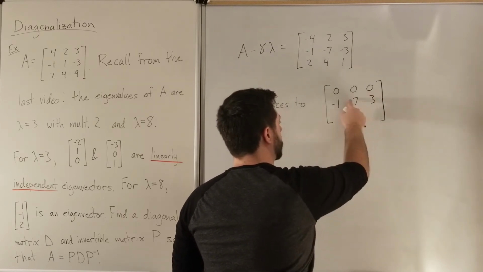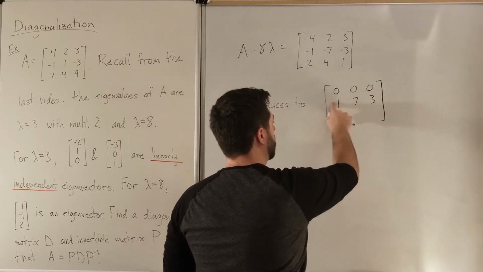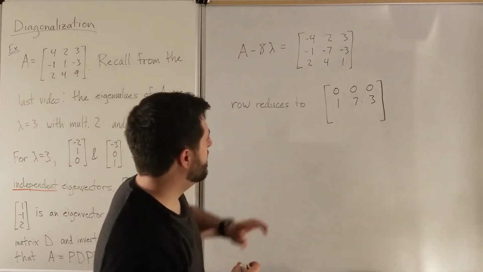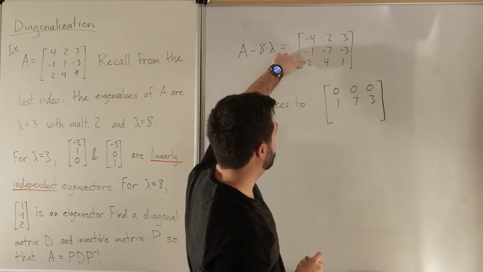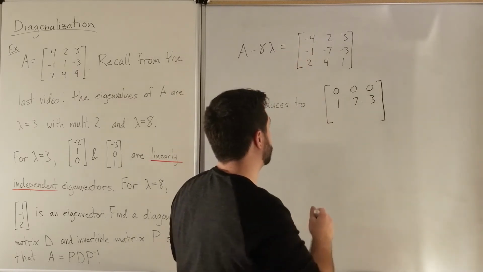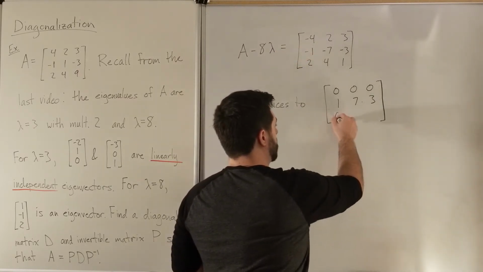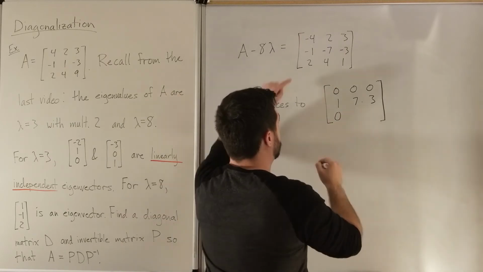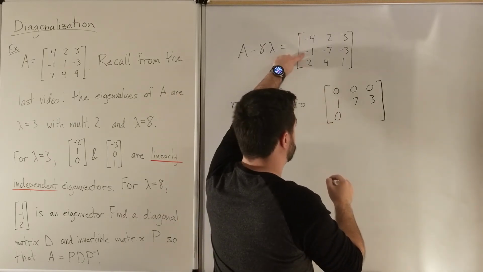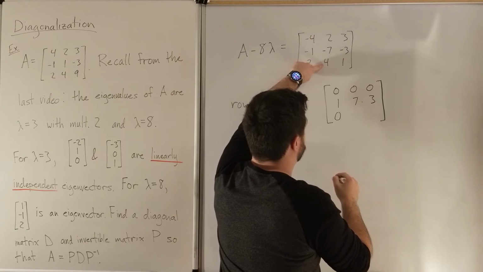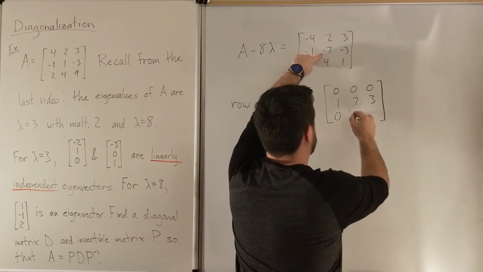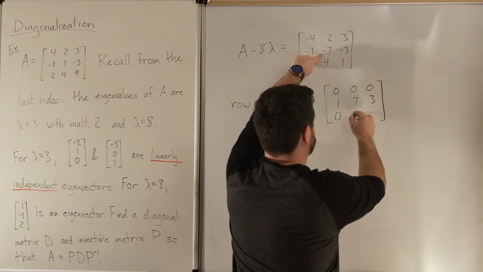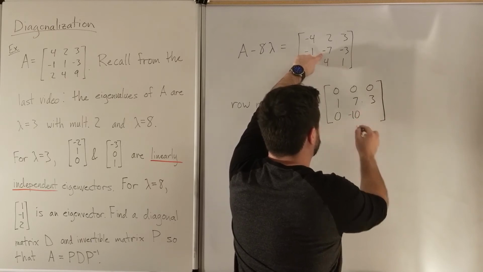Or maybe let's get rid of the negative signs, scale it by -1. And now let's replace the third row by the third row plus 2 times the second row. So that's going to make this 0 here. 2 plus 2 times -1, and then 4 plus 2 times -7 is going to be -10.